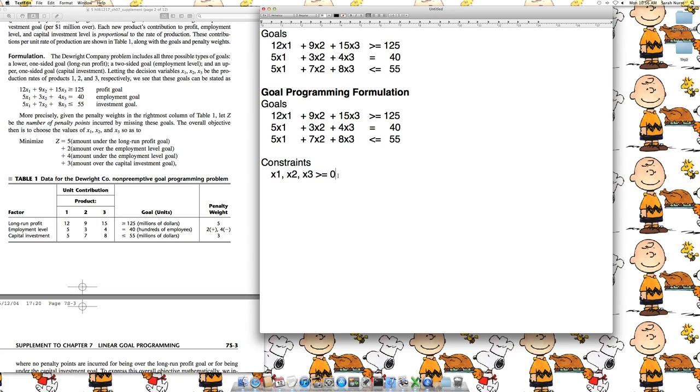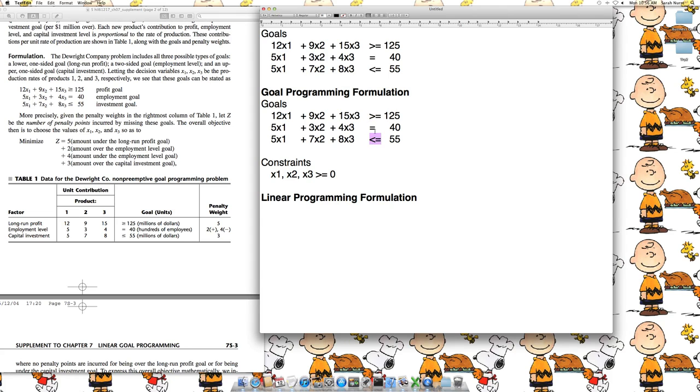Then I need to formulate this as a linear programming formulation. The reason that we formulate as a linear programming formulation is I don't know which of these goals I can meet. There could be things preventing me from meeting all three of them. Here I have a greater or equal to and a less than or equal to.